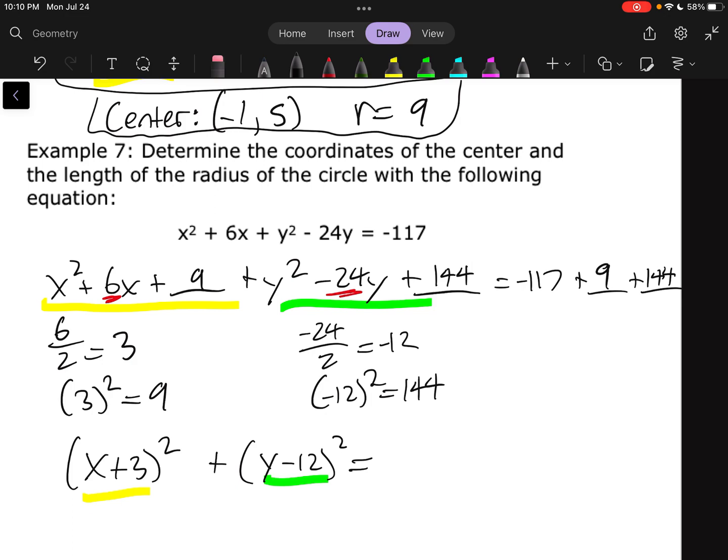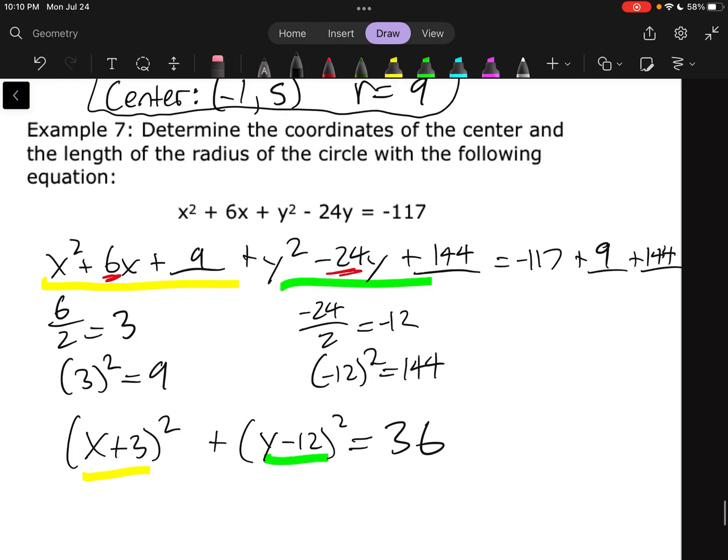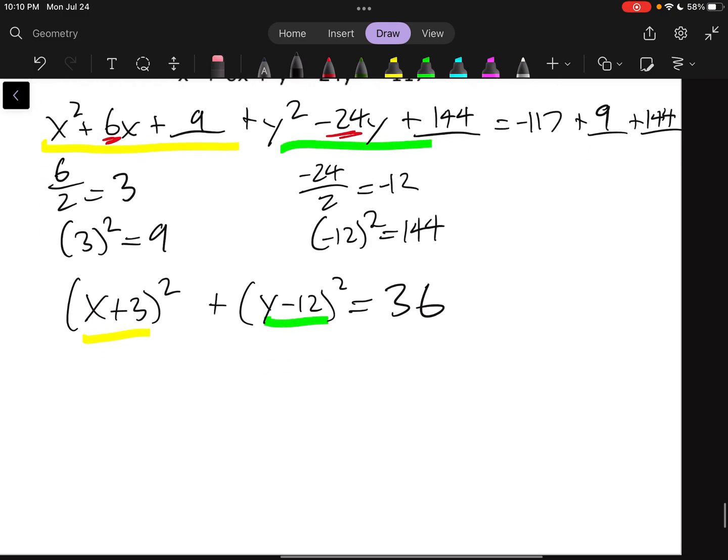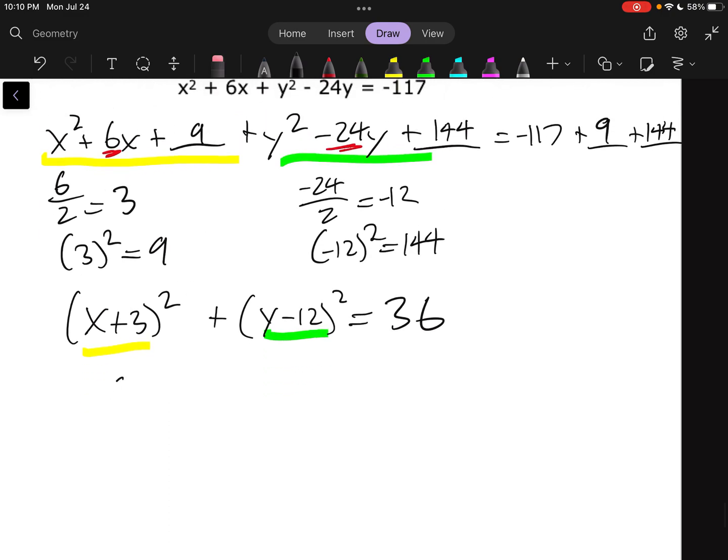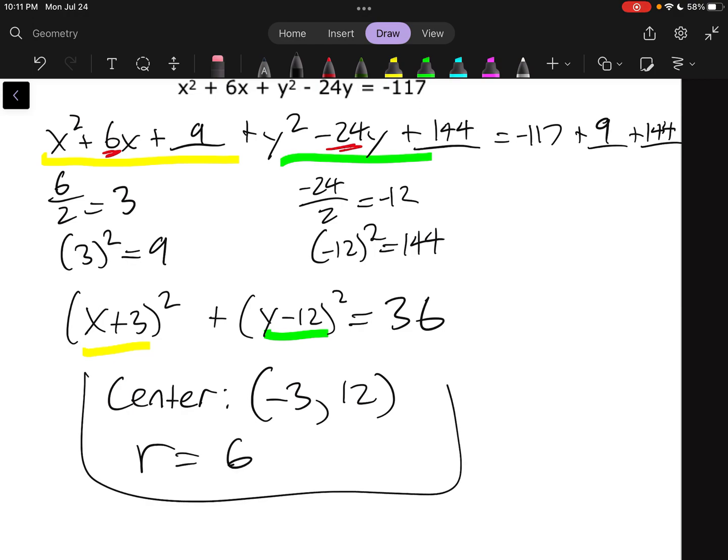And then what's going over on the right side? -117 plus 9 plus 144 is 36. So what does that mean? That means that my center is at -3, 12, and my radius is 6.